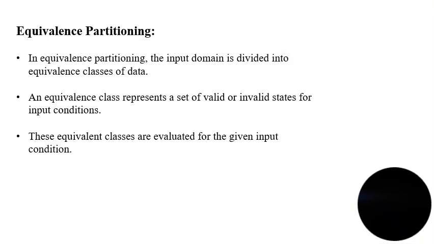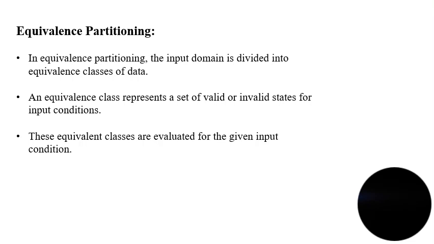Next one, equivalence partitioning. Equivalence partitioning divides input data into valid and invalid partitions. This tests one value from each partition. In equivalence partitioning, the input domain is divided into equivalence classes of data.